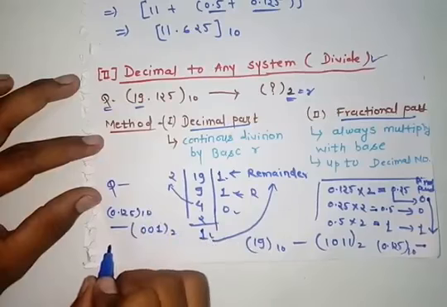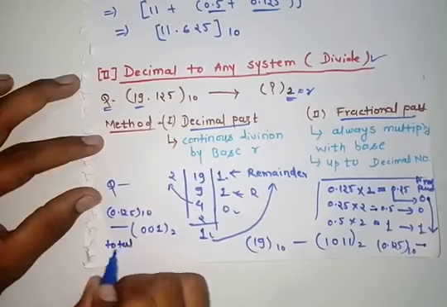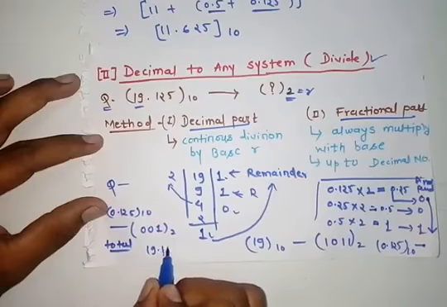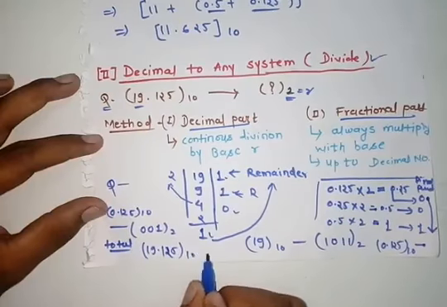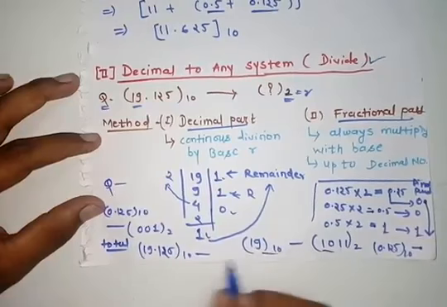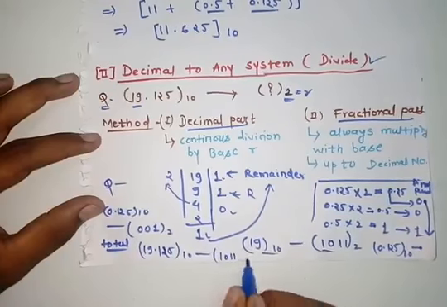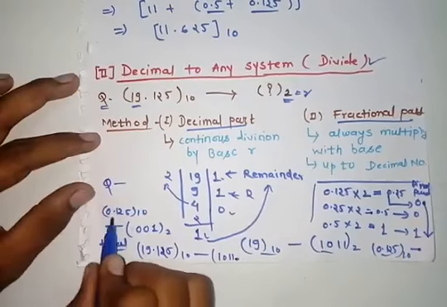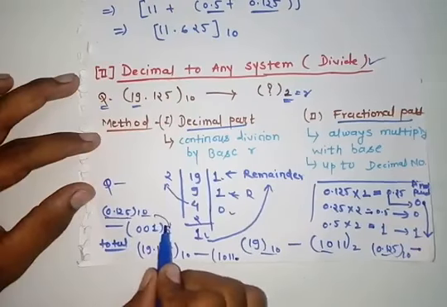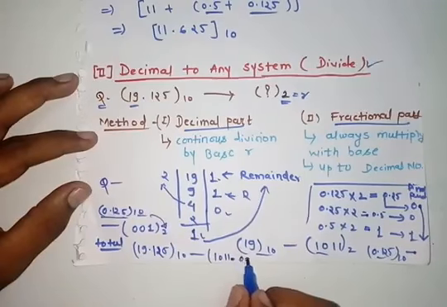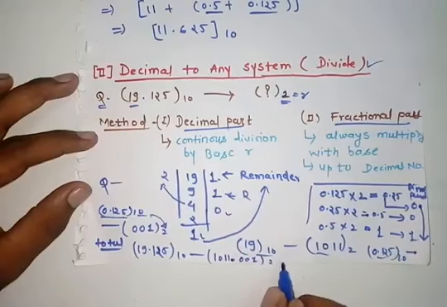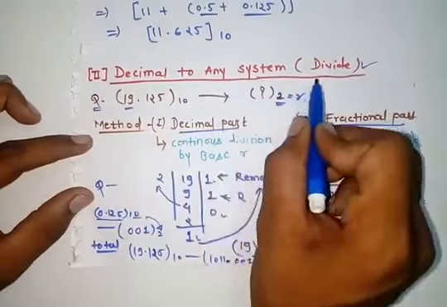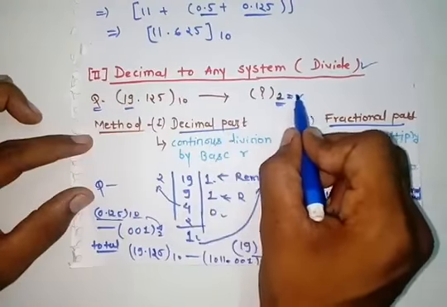How can I write the total? I can write 19.125 base 10 as 19 means 10011, and for the fraction part, 001. Okay, this is the conversion. This is decimal to any system conversion. Here I took base 2.